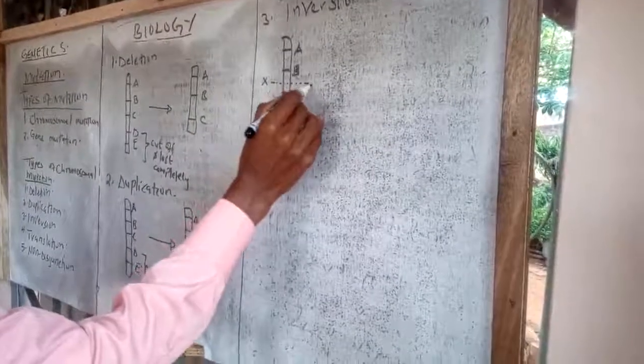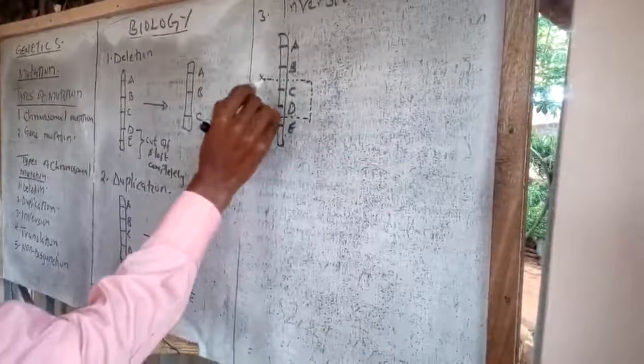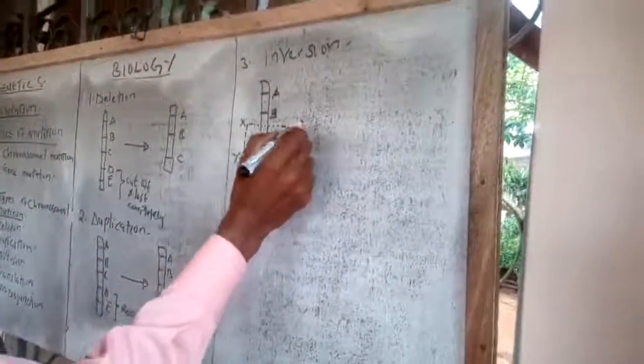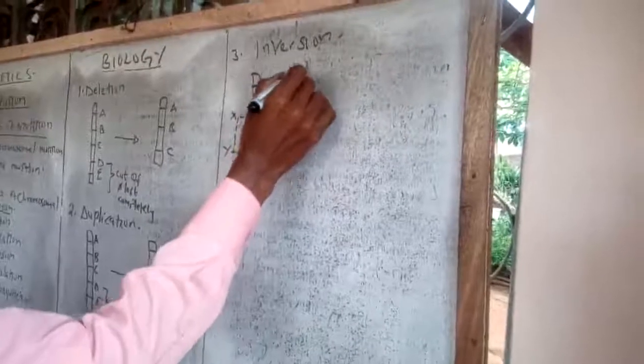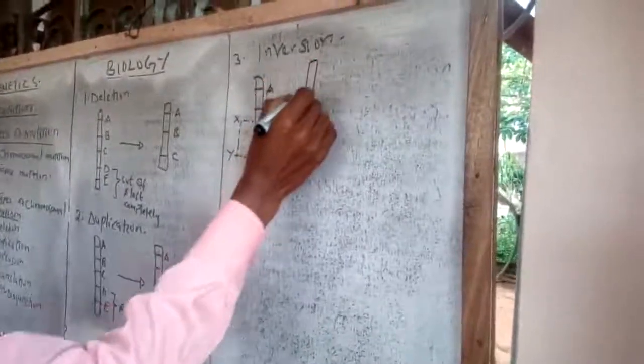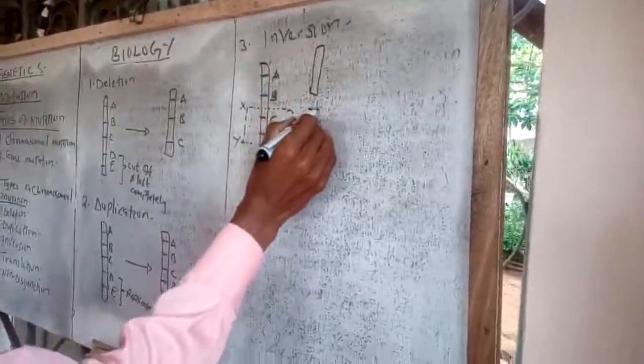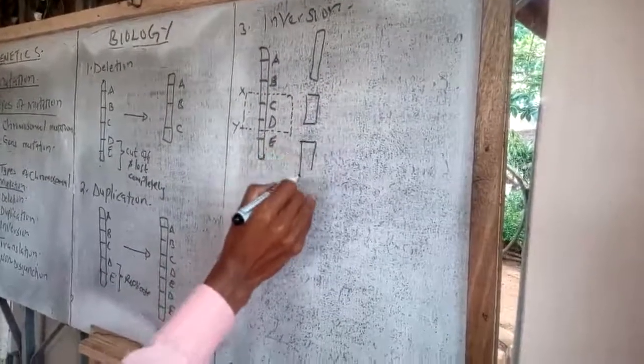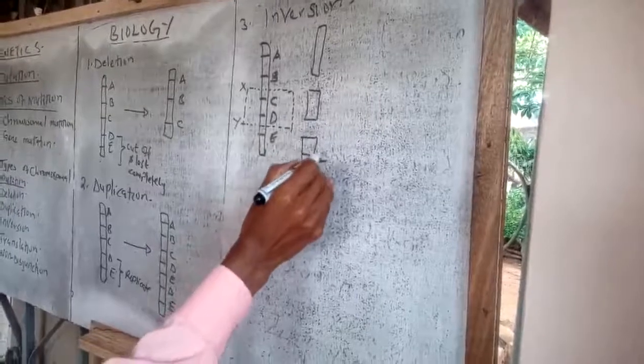And therefore, you can see that the genes which are involved as far as this kind of mutation is concerned are C and D. And therefore, after it breaks, it will form something like this, and the middle piece will break off like that, and therefore we'll be having an E here.